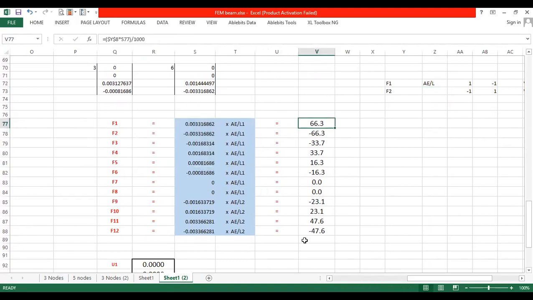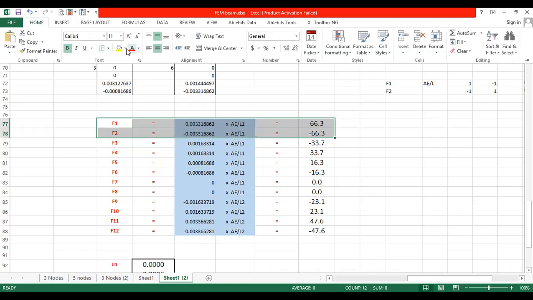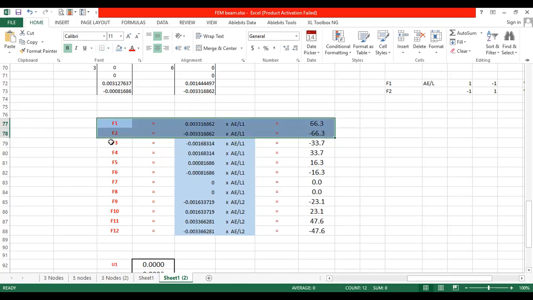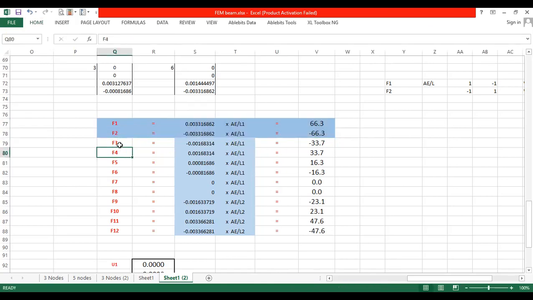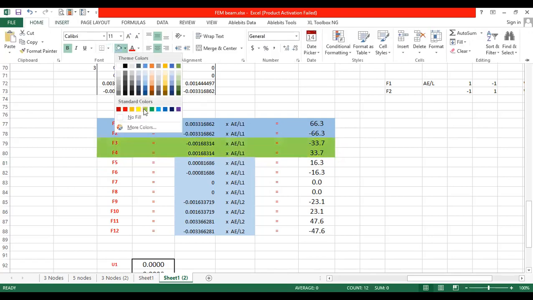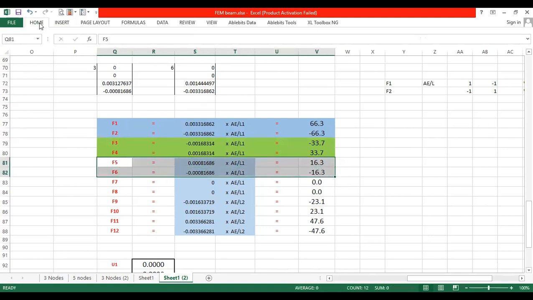Actually, you can see F1 is similar to F2. These are the member forces at the two ends, right? So what does this mean actually? Can you see? It's the same but the sign is changed, right?